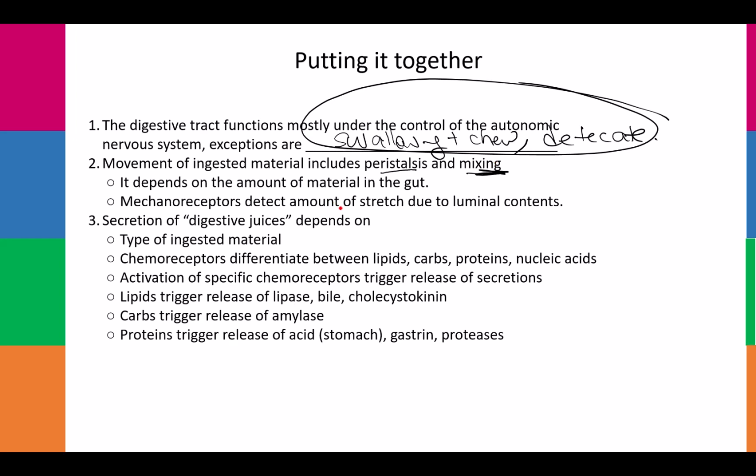We've got mechanoreceptors as well as chemoreceptors to help with those processes, right? The chemoreceptors act as taste buds to differentiate between the different nutrients that we swallow. Depending on the nutrients that we swallow, we release different types of secretions, both exocrine and endocrine. And then that helps with the overview and overall digestive processes.